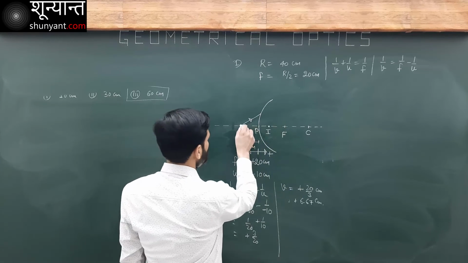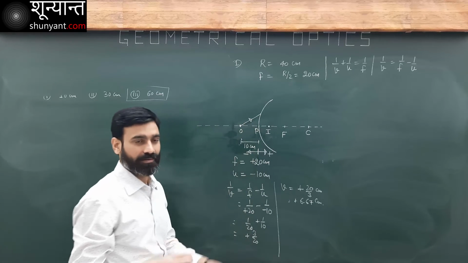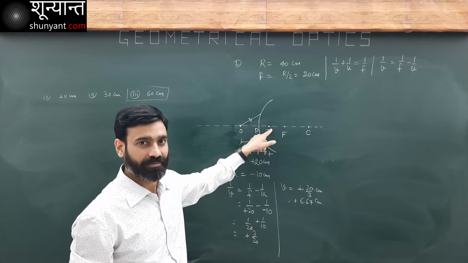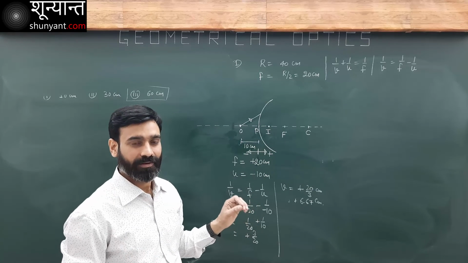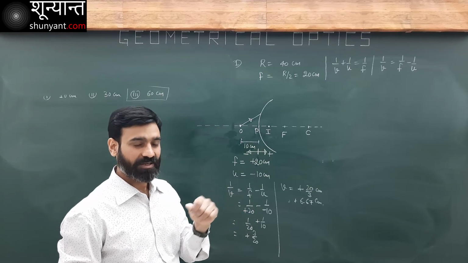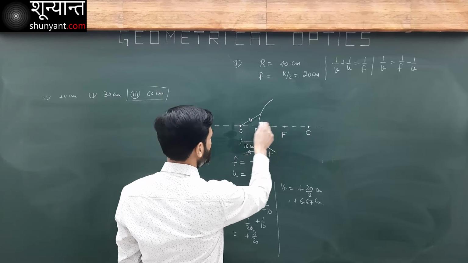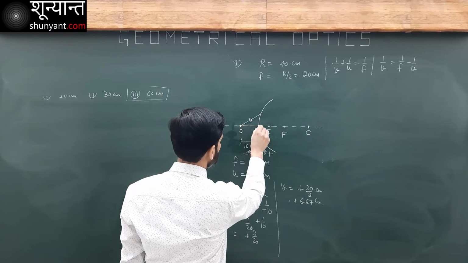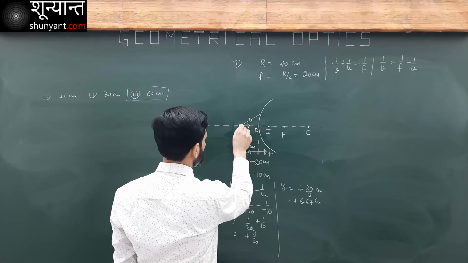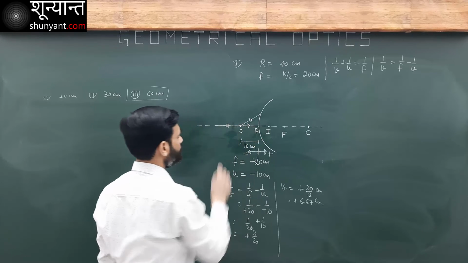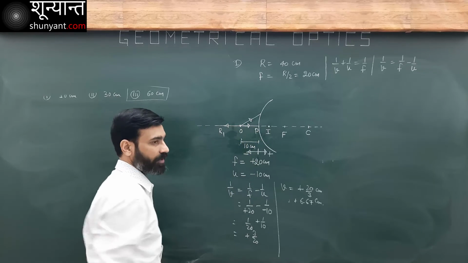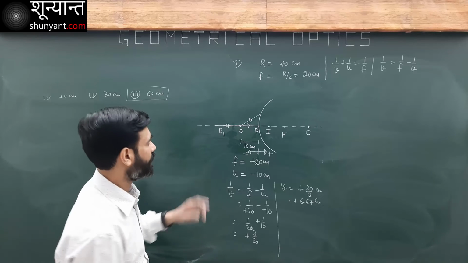Now, how do I draw? And size, point object, point image. No doubt about it, size of object is 0, size of image is going to be 0. Now, if I take one light here, it is going to be reflected back along the same path. It is going to retrace. This becomes my one reflected light, R1.